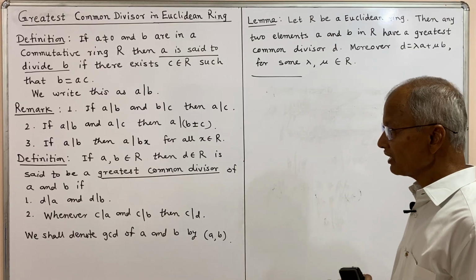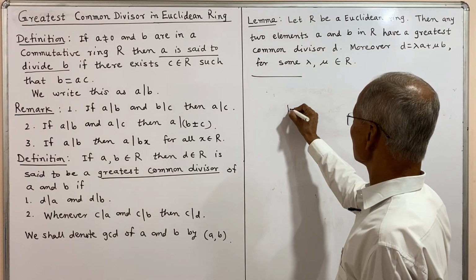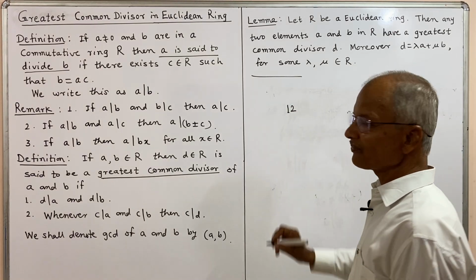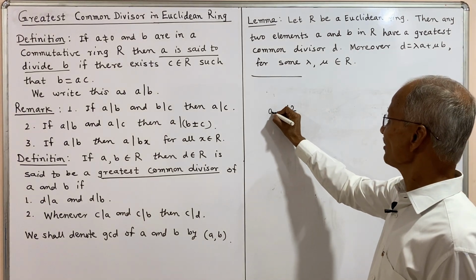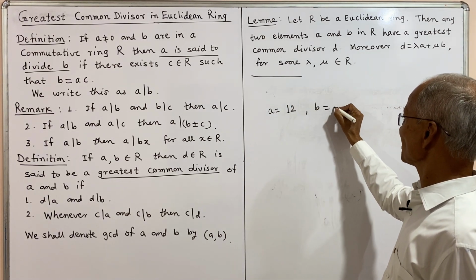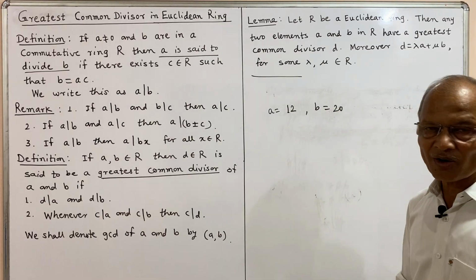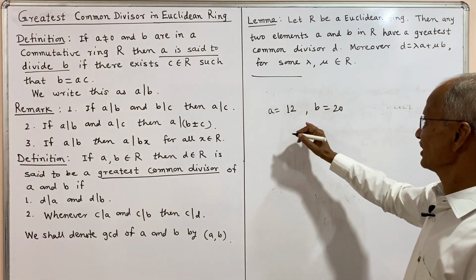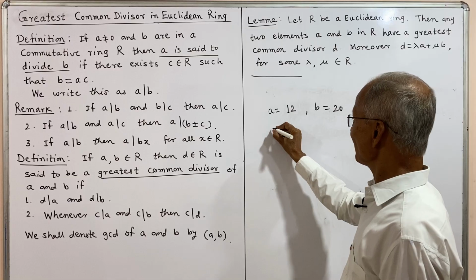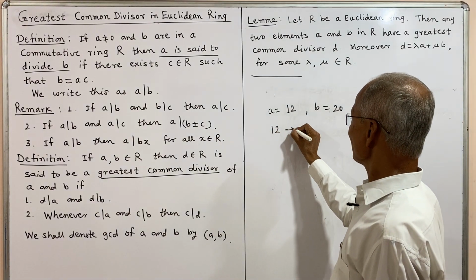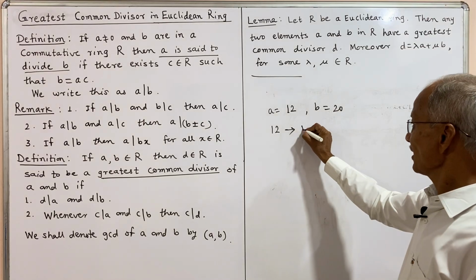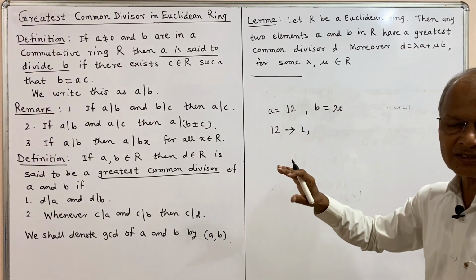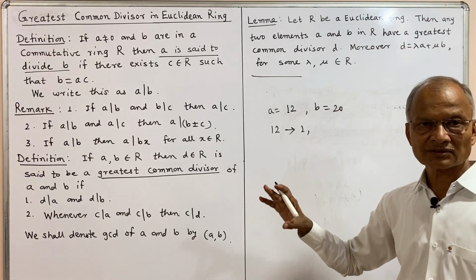Now for example, if you consider integers, we shall consider A as 12 and suppose B is 20. Then what are the common divisors of 12 and 20? That we shall find. What are the divisors of 12? One is always a divisor. Then we will consider only positive integers.